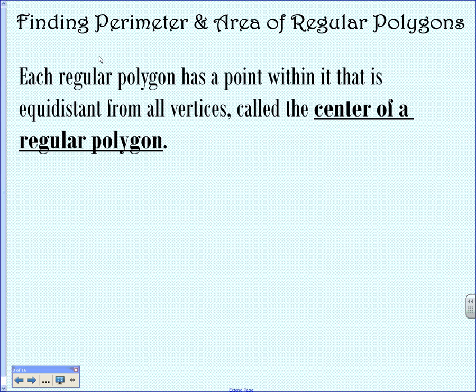Alright, so each regular polygon has a point within it that is equidistant from all of the vertices. And it's called the center.